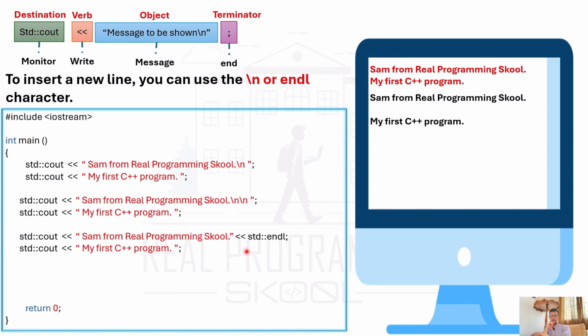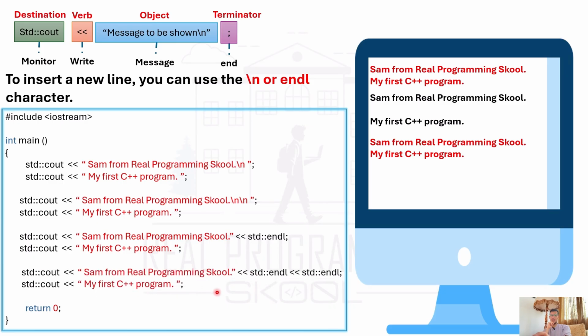But here, endl we can't put between the double quotation. We should close the double quotation, after that write the insertion operator, and after that std::endl. If I want two new lines, I will write it twice: std::endl, std::endl. So let's go now to code on Visual Studio.